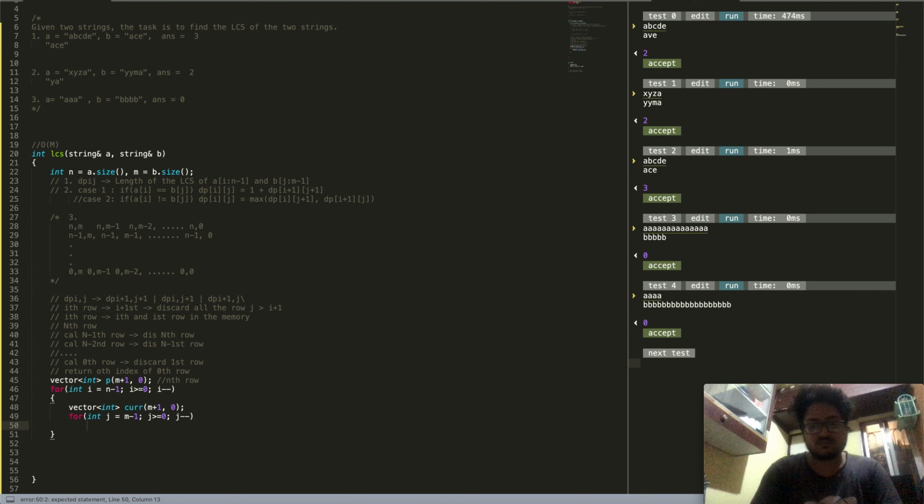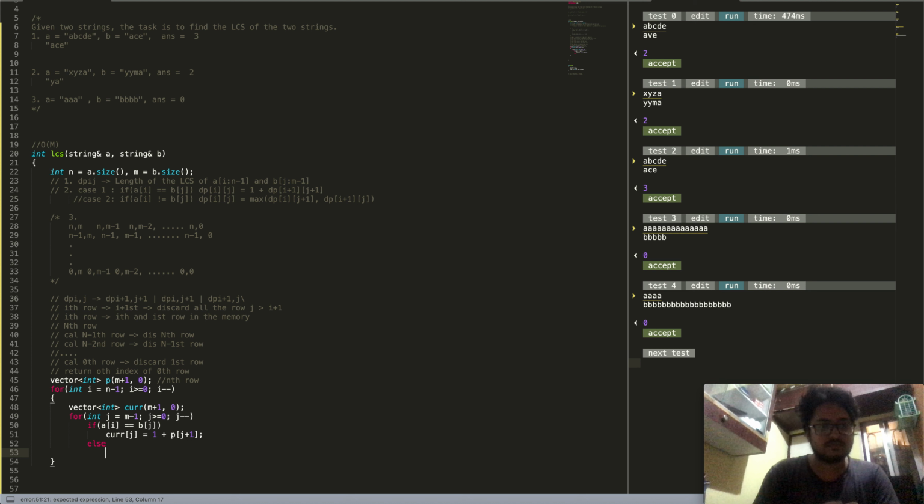There were two cases for computing dp of i comma j. The first case is if a of i equals b of j. In that case, that corresponds to the recurrence relation dp of i comma j equals 1 plus dp of i plus 1 comma j plus 1. So curr of j will be equal to 1 plus p of j plus 1.